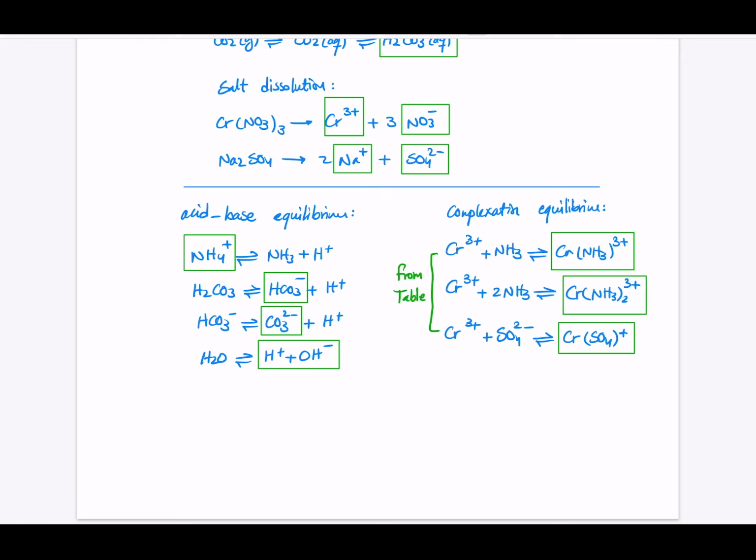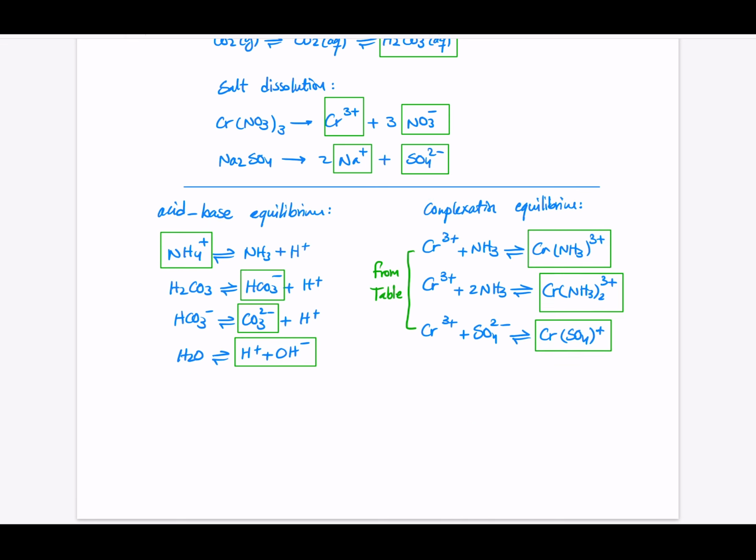So the possibility of forming these complexes was guided by the table and the fact that we have ammonia and sulfate in the system. By exposing the liquid with those two salts to that atmosphere, we're getting all the species. So we have a very long Excel file if we want to do the calculation. Two types of interaction we haven't talked about: one is precipitation, one is redox, which will be added to this. That's why you get more and more species in the system.